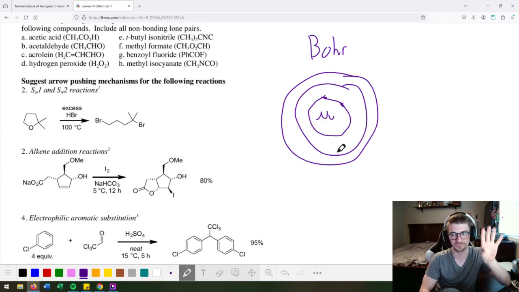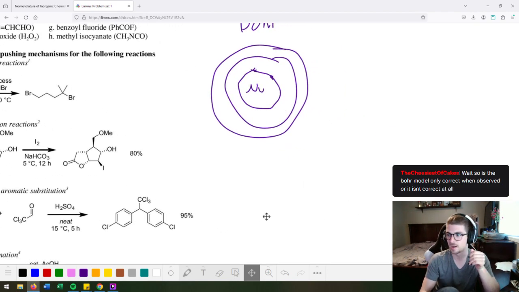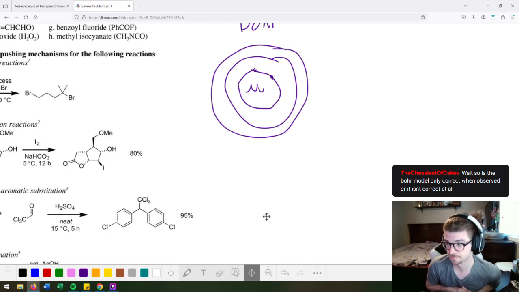So this model that gave us the misnomer orbitals was very important, but it's wrong. The Bohr model is only correct when observed. It isn't correct at all. It is a straight up incorrect model.